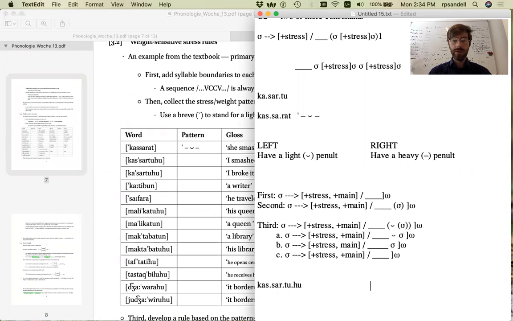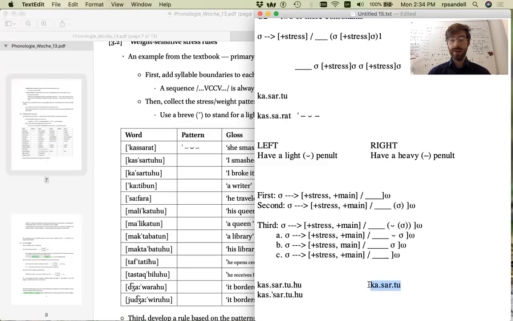In the form on the left, primary stress will be assigned to the third to last syllable because this version, the longest and most complex version of the rule, is able to apply. It finds that there is a sequence of a syllable preceded by a light syllable at the right edge of the word, and so the primary stress is placed on the third to last syllable.